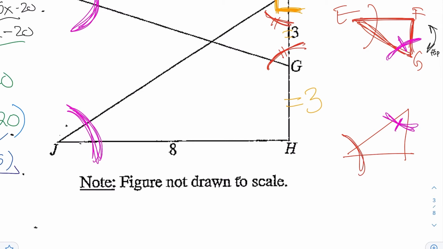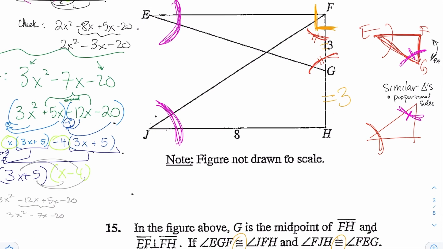So because they're similar triangles, they have proportional sides. And all you need are actually two angles to be congruent in order to have a similar triangle. That's the AA theorem, the angle-angle theorem.